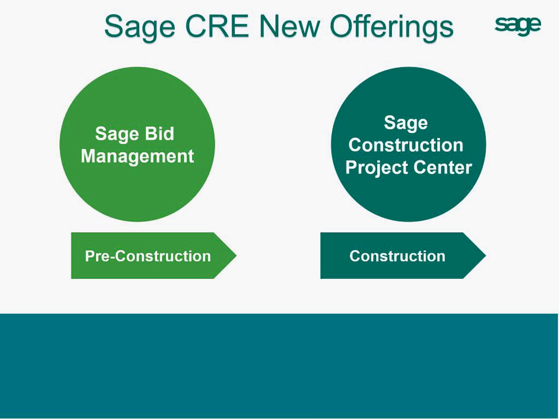Both of these products are completely web-based to start, which means you can use them on any device, and they will be integrating back with Sage Construction and Real Estate 300 or 100 Contractor as well.